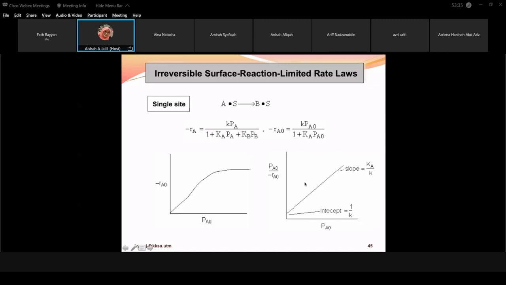Okay, sometimes they want you to calculate for this one for the graph, and also they can ask you about the volume. Okay, the volume will come back to the previous one, whether isothermal or non-isothermal, or CSTR or PBR or PFR, something like that.